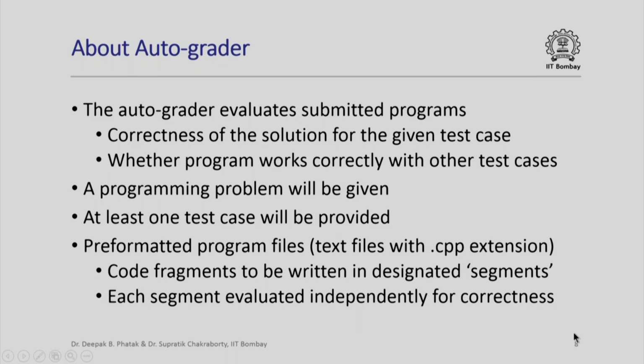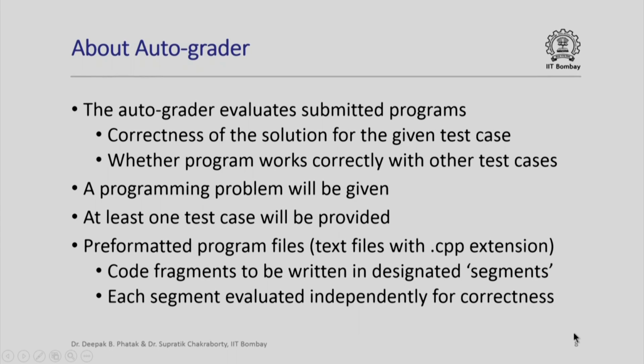For the autograder exercises, every week a programming problem will be given, and at least one test case will be provided. There will be pre-formatted program files, which are essentially text files or .cpp files. There will be code fragments that are to be written in designated segments. You will see an example later.